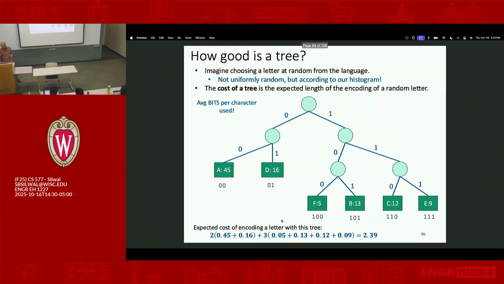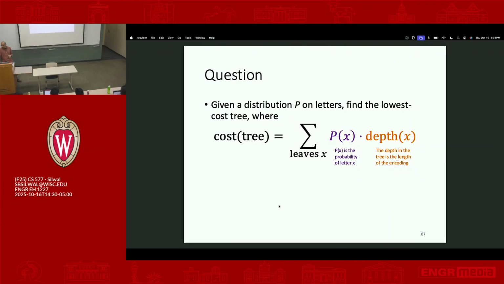All right. So just to write this mathematically, I'm going to define the cost of a tree to be the following. I need all the letters to be at the leaves. And every letter has a probability of being picked. That's given to you, that's known. But the thing I care about is minimizing this cost.